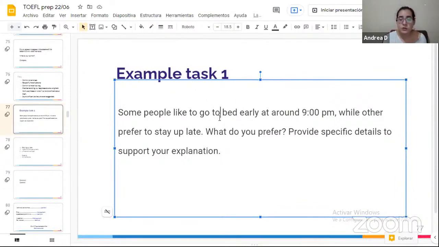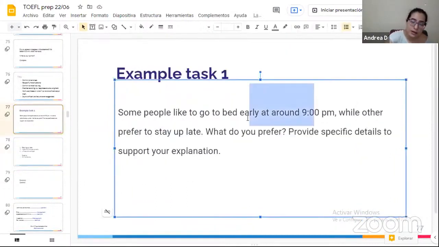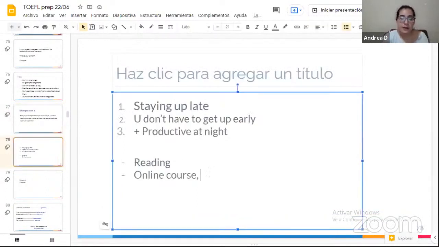So you're telling me why going to bed early is not good. And for your example, you could do the same. You could tell me, there was this time when I went to bed early and I didn't prepare any of my stuff for the next day. And in the morning, I didn't feel like doing that, or I overslept.